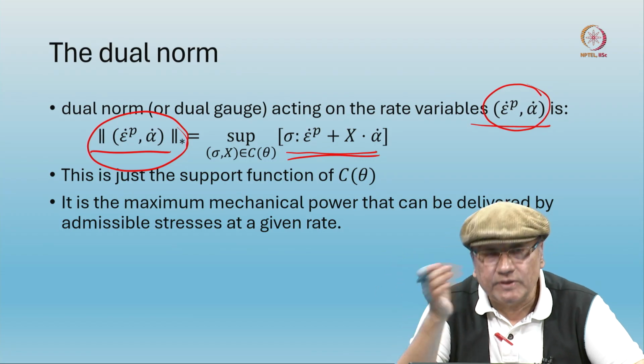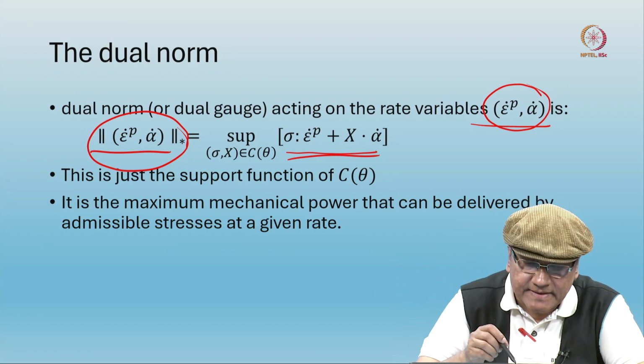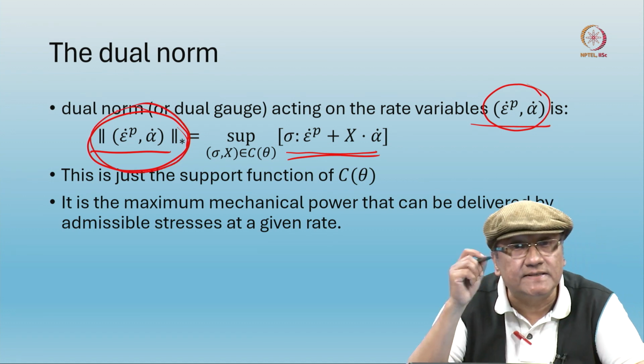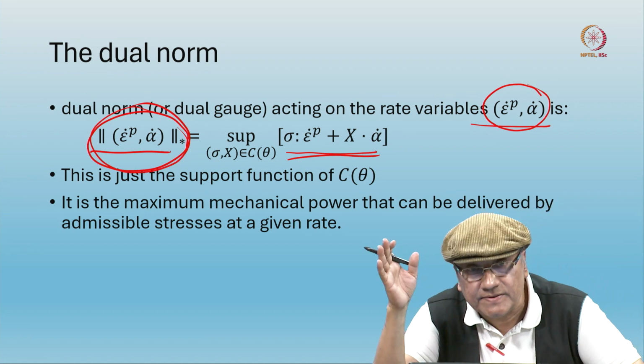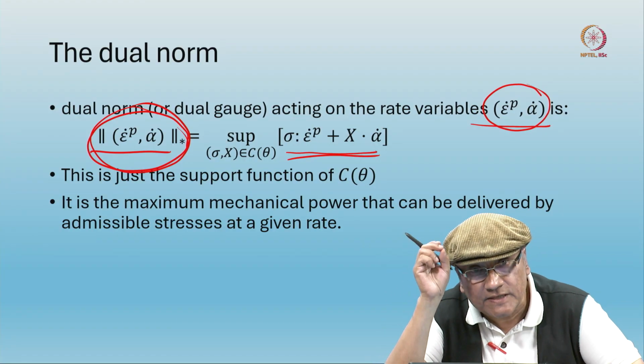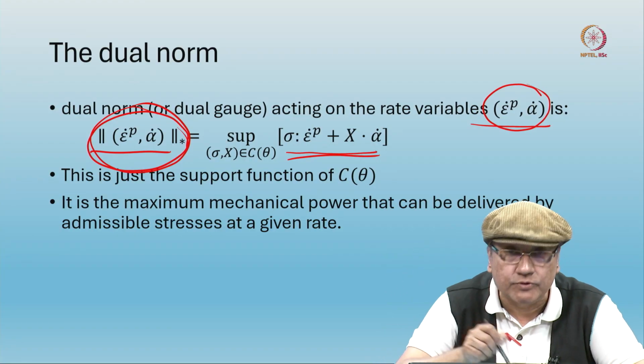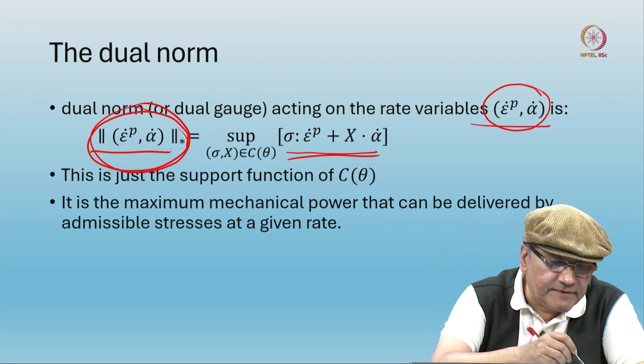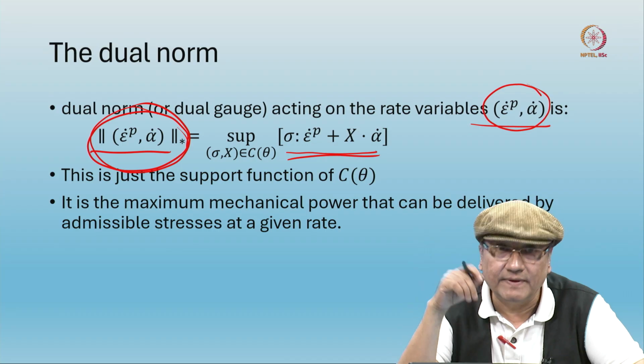So, when you find that sigma and x, the dependence of this whole quantity on sigma and x vanishes, right, because you have found a specific sigma and x for which this is the supremum, right.